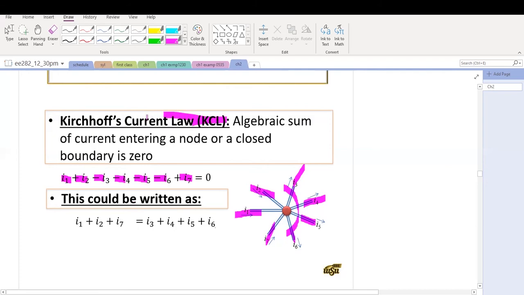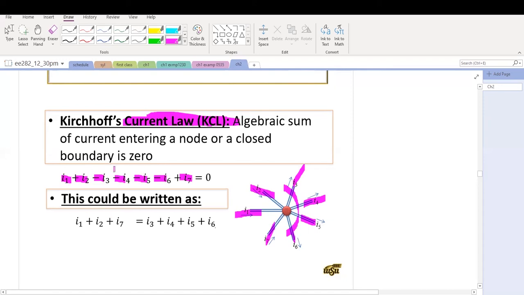So this is KCL as well. In KCL, you have to consider the direction of the currents and then the value of all the currents algebraically, and then the sum is equal to 0.